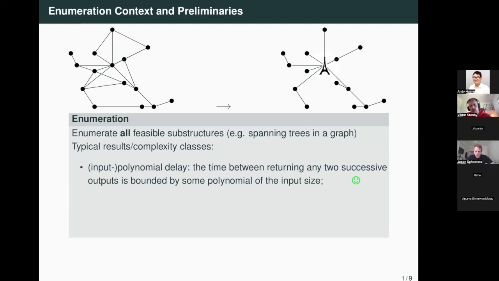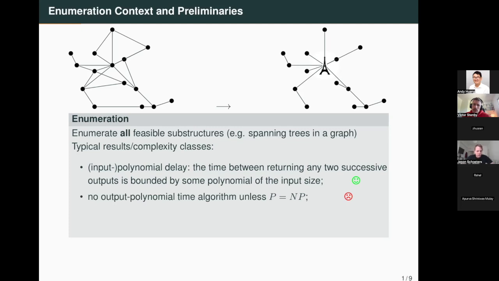And so this class tells you that you are ensured to not wait too long between two feasible substructures. And so in practice, this is usually quite nice in the sense that if you have a solution, then you can send it to the client, and usually they need polynomial time to even verify it. So even if you can do better than polynomial delay, it's not always very interesting.